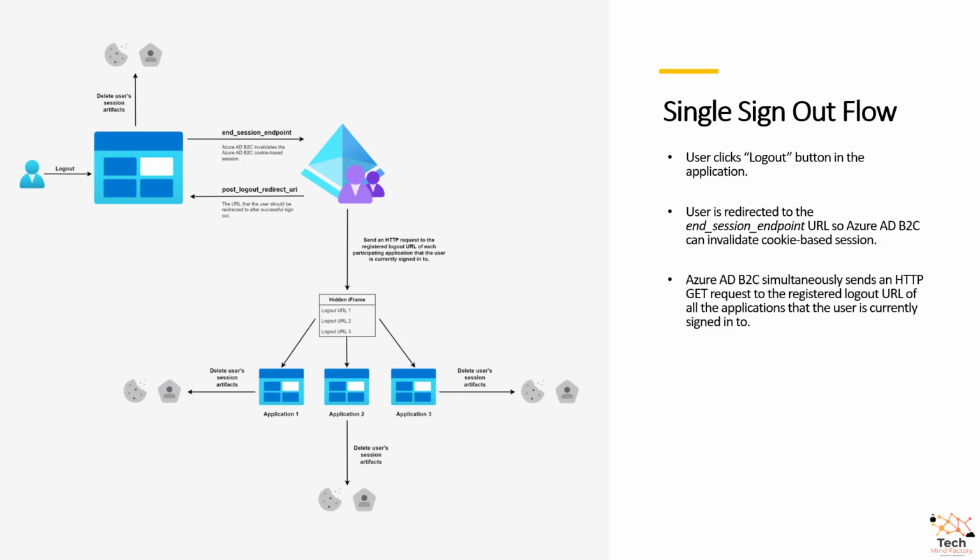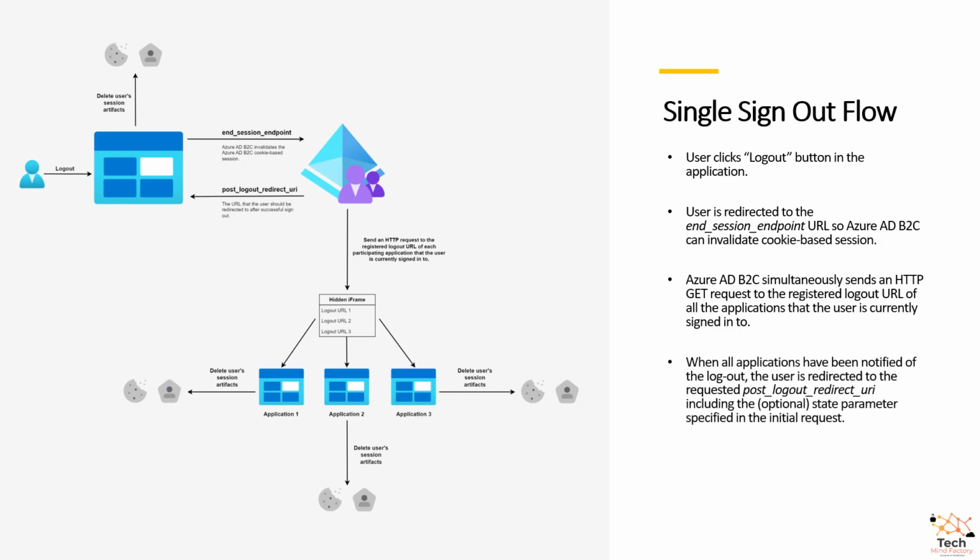And that's very important. So if in one application I click the logout button, I am redirected to B2C. Now B2C will call all other applications where I have an existing session using the HTTP GET method, and B2C will try to call those endpoints of other applications to inform them that they should sign out the user too.